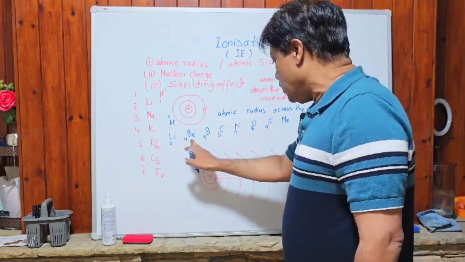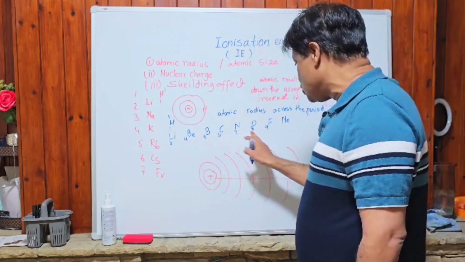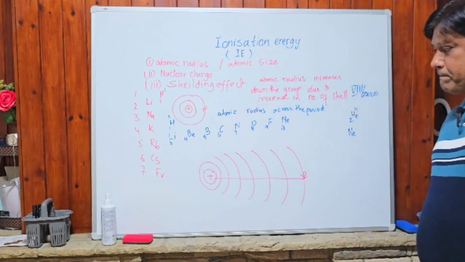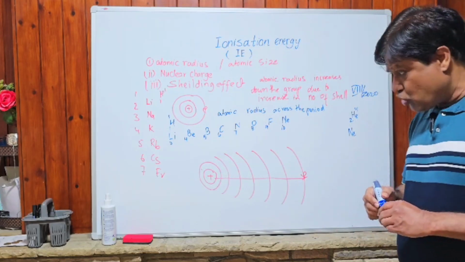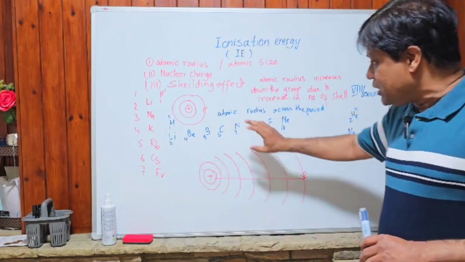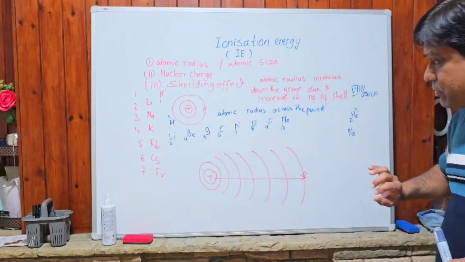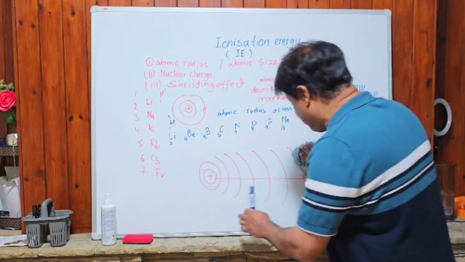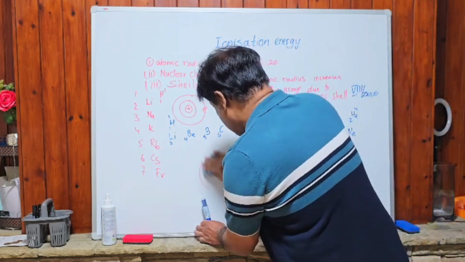So lithium, beryllium, boron, carbon, nitrogen, oxygen, fluorine, and neon with 10 electrons. When you move across the period, the number of shells, the number of energy levels, is the same. If you didn't get it, no problem. Look at the diagram.